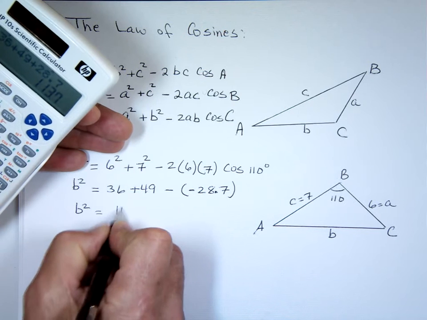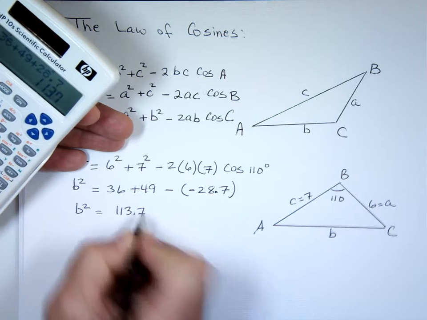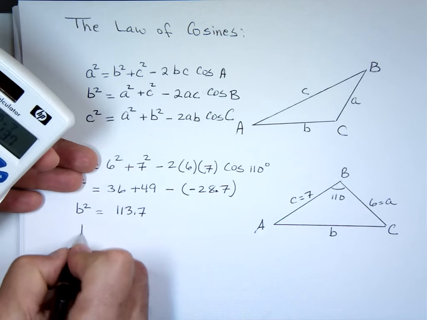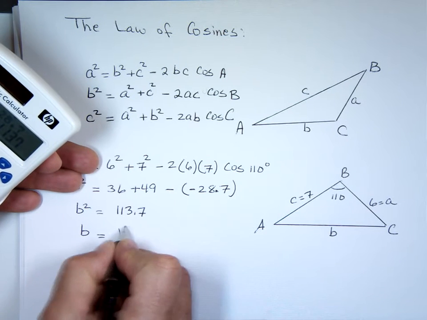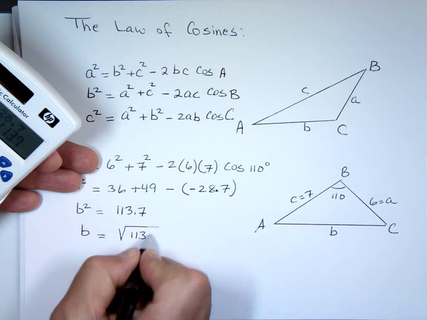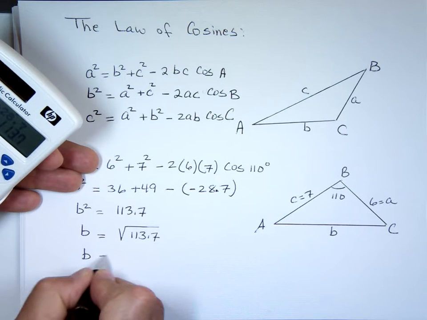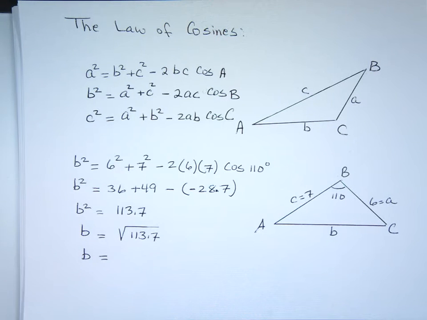It's 113.7. And what is B equal to? The square root of 113.7. And that's 10.7.